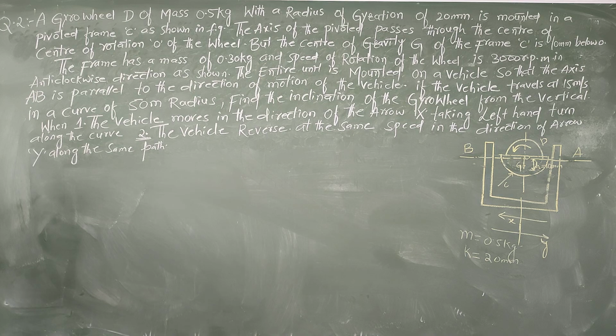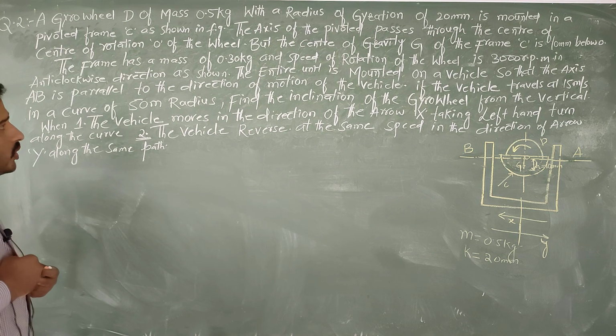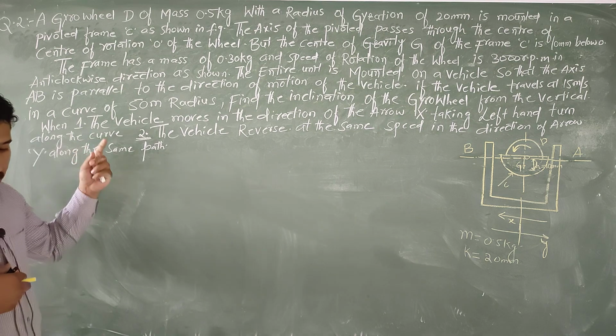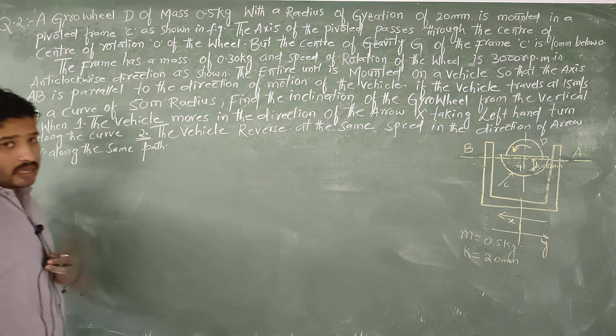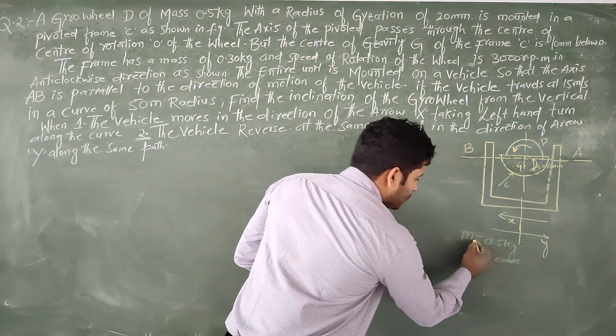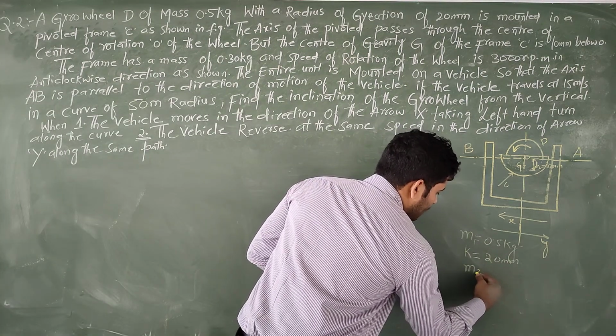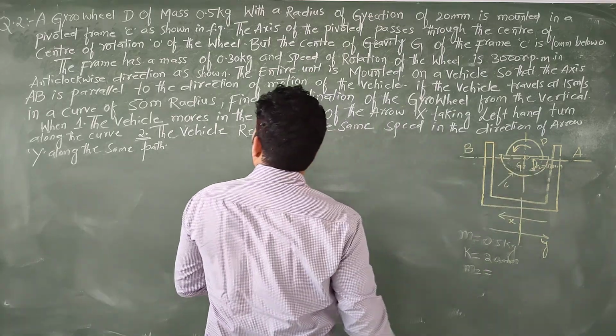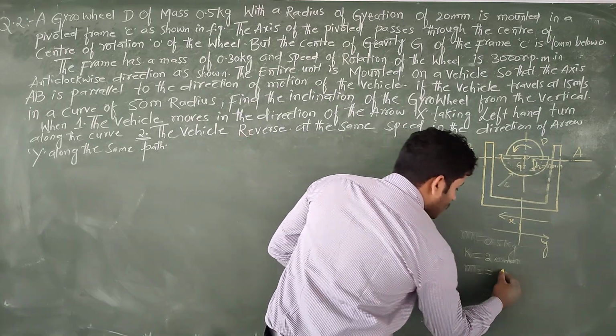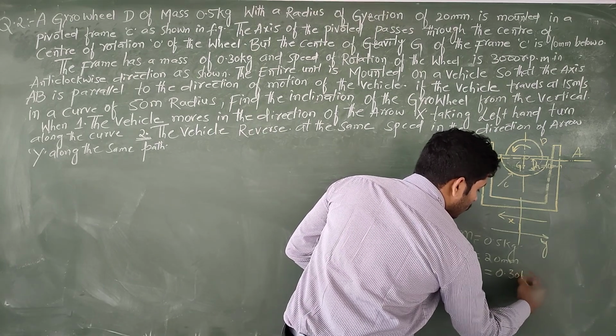The frame has a mass of 0.30 kg. This is the first mass M1, and the second mass, of the frame, is M2 equal to 0.30 kg.